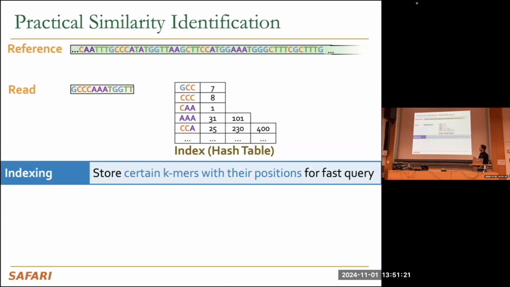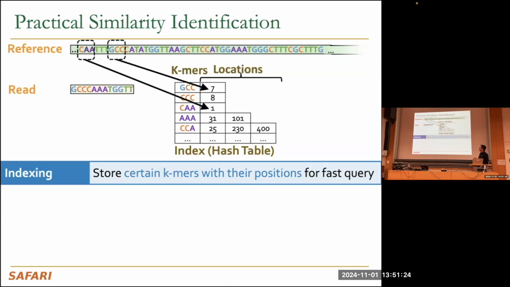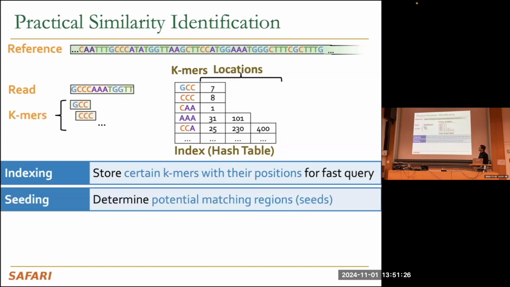We use this hash table so that we can extract some subsequences from the read and quickly query them to identify potential similar regions between a read and the reference genome. Then we will eventually have multiple candidate regions, regions that we think this read might be coming from, but most of them will be false.